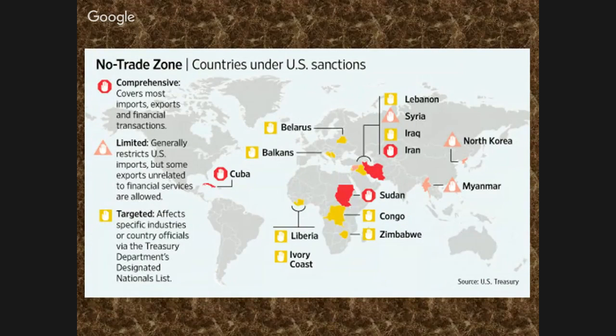So this is a graphic that I found for US sanctions. You can have a look at this here. Obviously, right here you see the Cuban one, the U.S. Cuba trade embargo, which covers almost all imports, exports, and financial transactions.